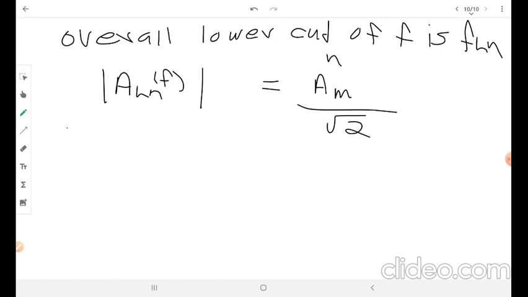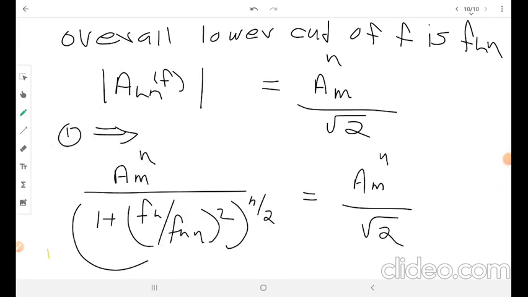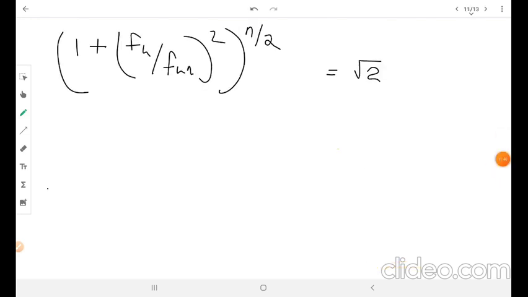That means from equation 1 we replace FL by FLN, the overall lower cutoff frequency, and equate.